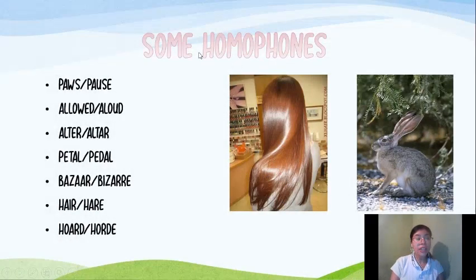Here we have some homophones. We have a pair of homophones here. I'm going to read them for you. We have pause and paws, allowed and aloud, alter and altar, pedal and peddle, bizarre and bazaar, hair and hare, hoard and horde.